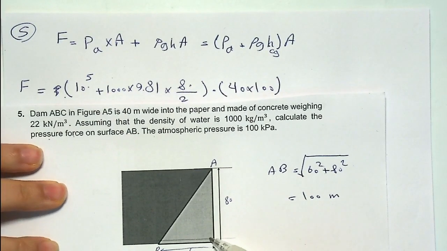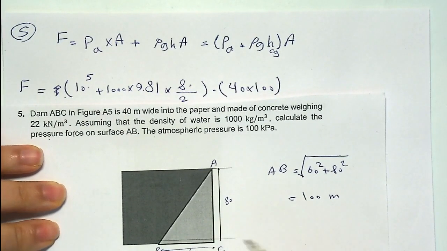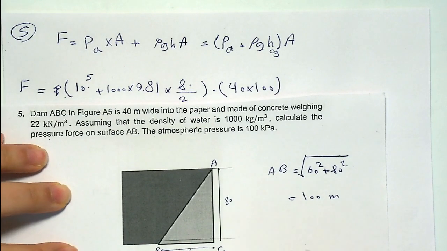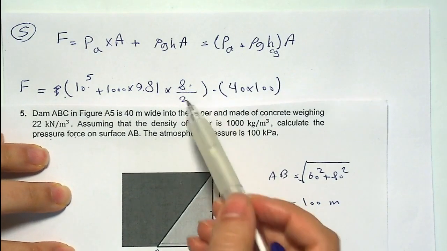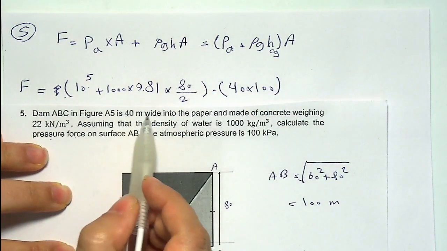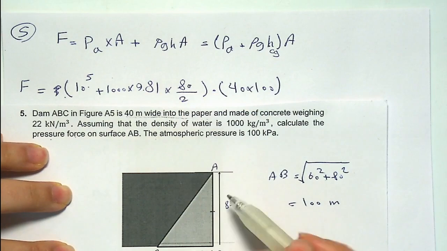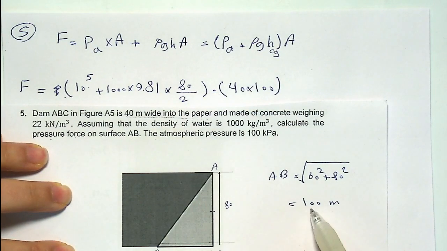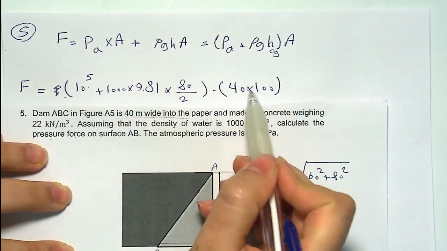So I need the center of gravity, because this is the rectangle, the half of this would be the center of gravity. So I'm using AT over 2 as the height, and the area is, here is 40 meter wide into the paper, and I have calculated the other side. So the A would be 40 multiplied by 100.